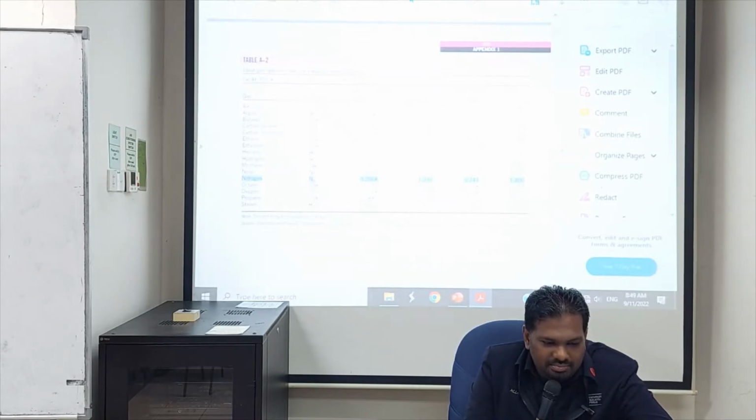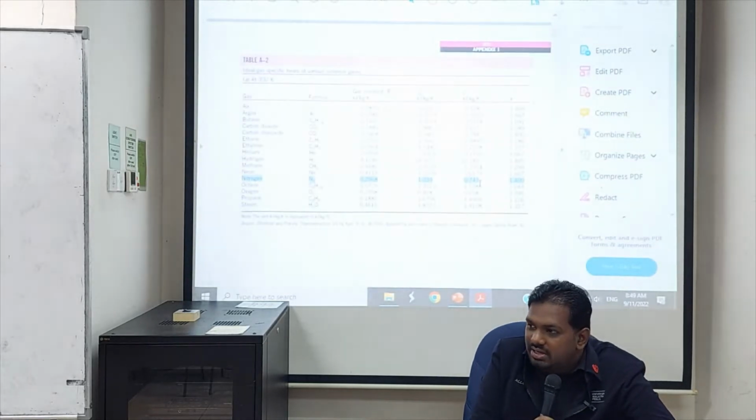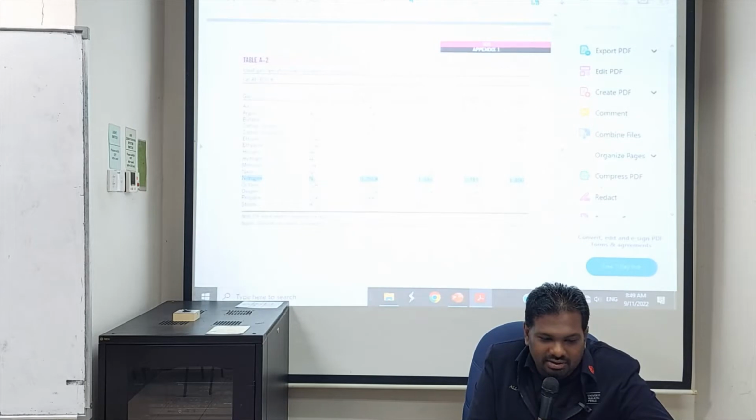Okay, Cp and also Cv. So ini adalah specific heat. So 1.039. So yang ni Cv adalah 0.743. So if the formula is using Cp and Cv, so take from here. Okay, and the value of k is 1.4. Okay, so ini adalah thermodynamic table.